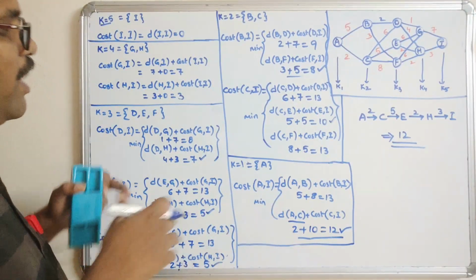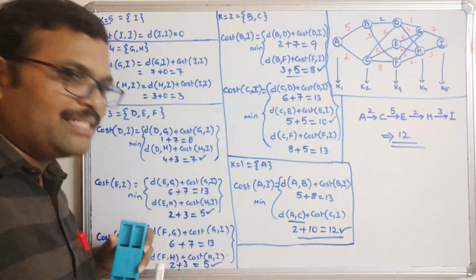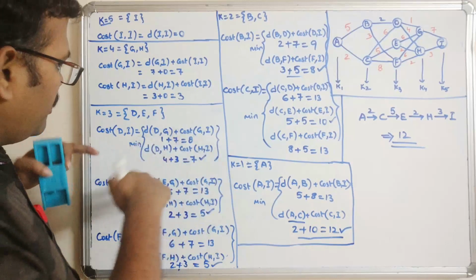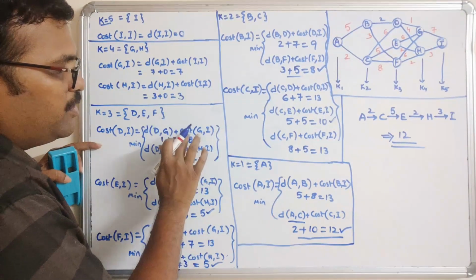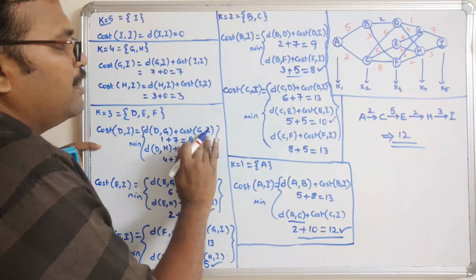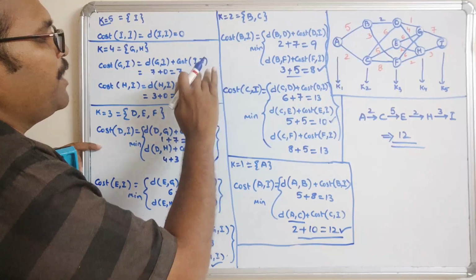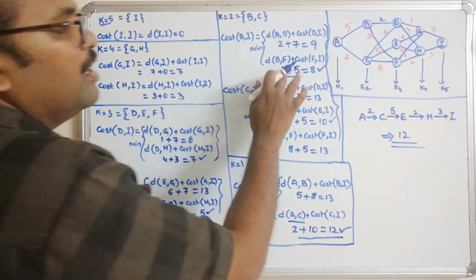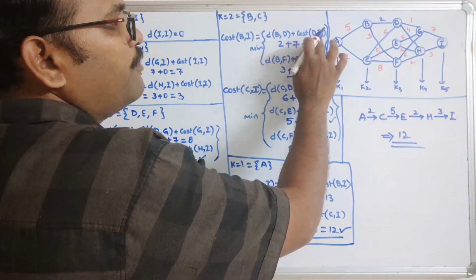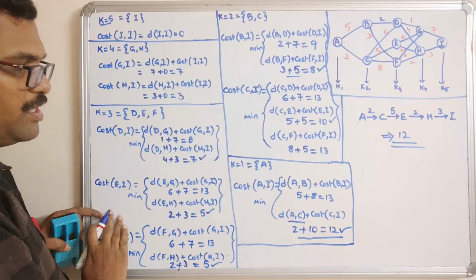So here we are computing and we are making use of the same result in our next problems. So coming to the stage 3, we are not computing the cost between G and I. We are considering the value of G and I from the previous result. So here we are not computing the cost of D and I because we have already computed this cost of D and I in the previous result.